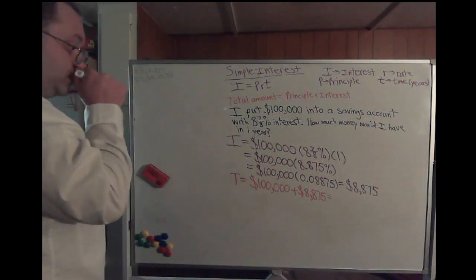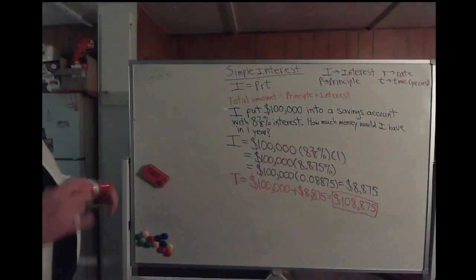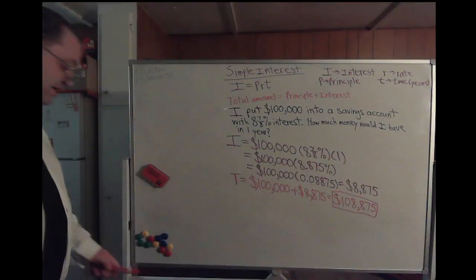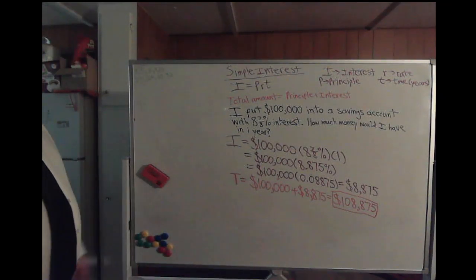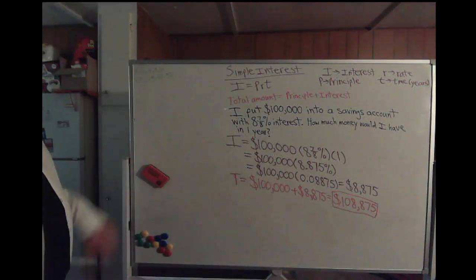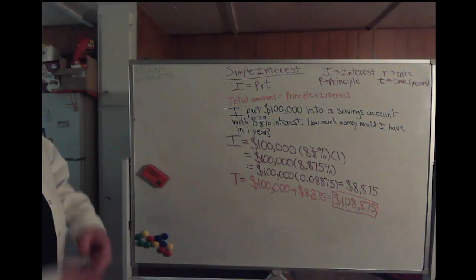If I add those two together, the total amount of money I should end up with is $108,875. That's a good way to have $8,000 more in your account after a year, because who on average is going to save $8,000? Not many people. If I had that kind of money, that's probably what I would do. So the total amount I'll get for a year is $108,875.